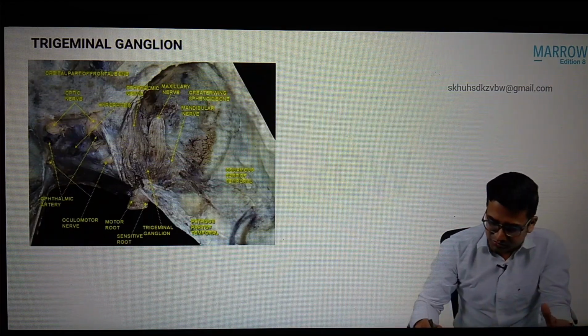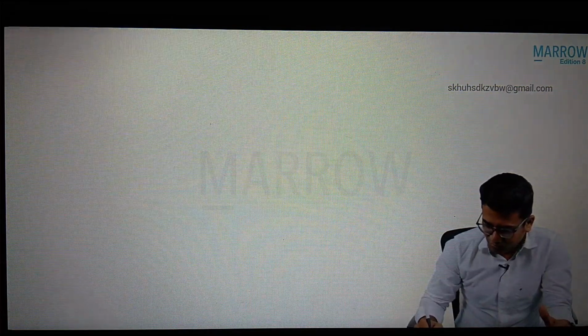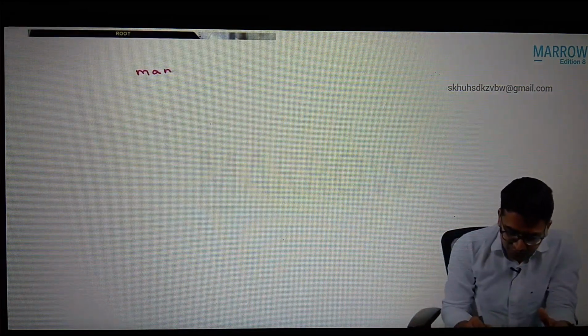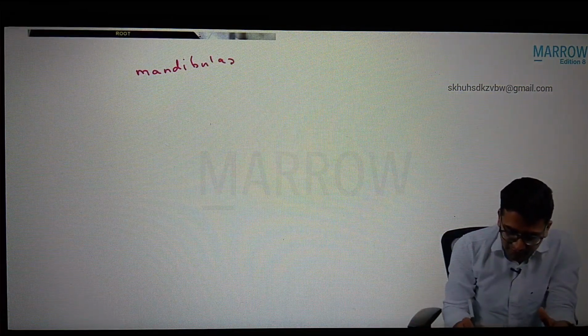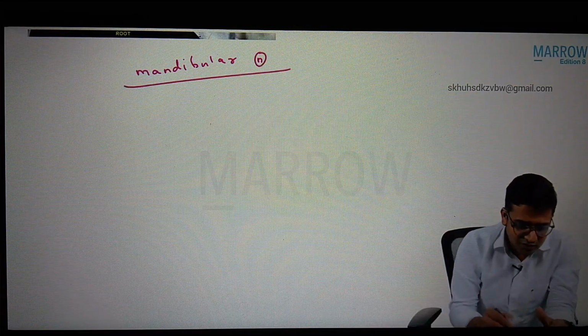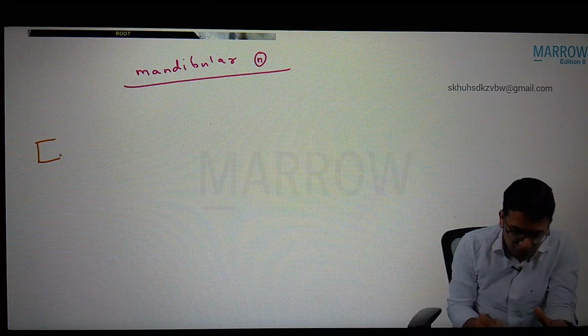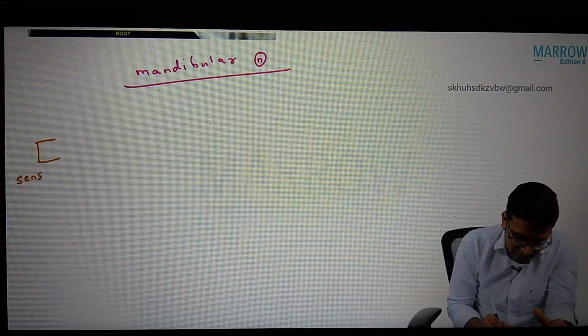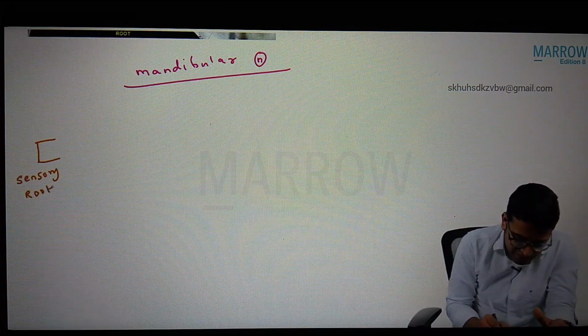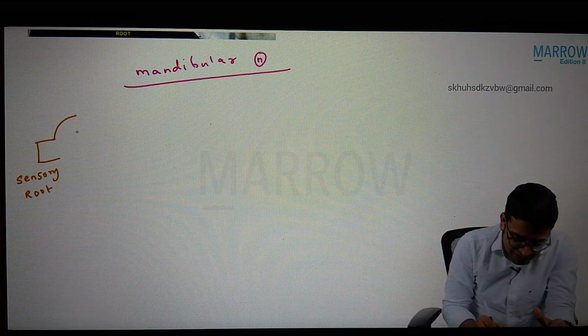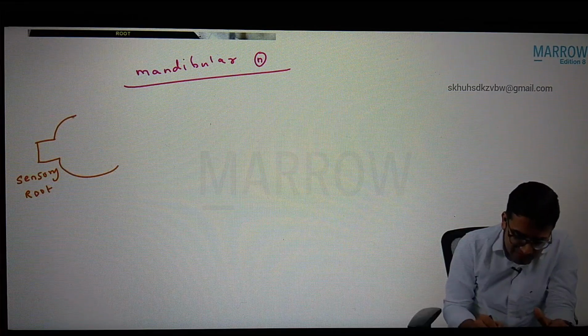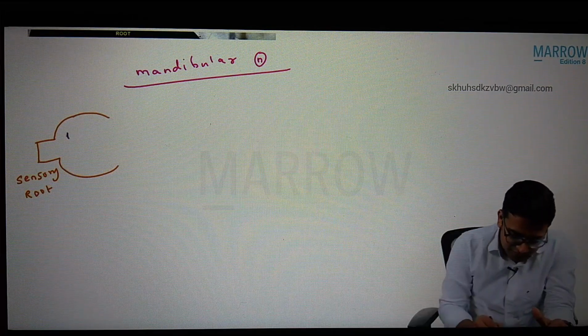Okay, so we're going to draw one diagram. So we're going to draw the mandibular nerve. Right, now this is our trigeminal ganglion. That is the sensory root of trigeminal nerve, which expands to form trigeminal ganglion.